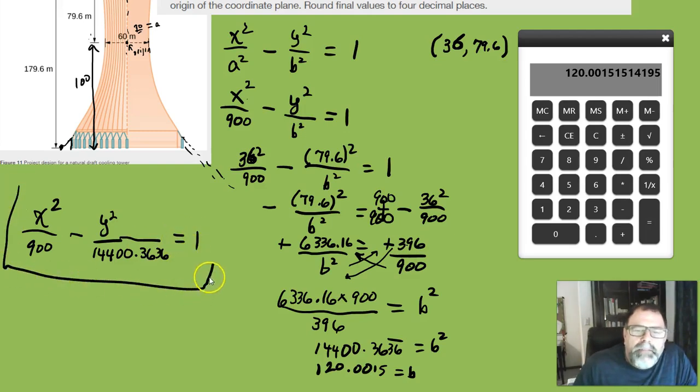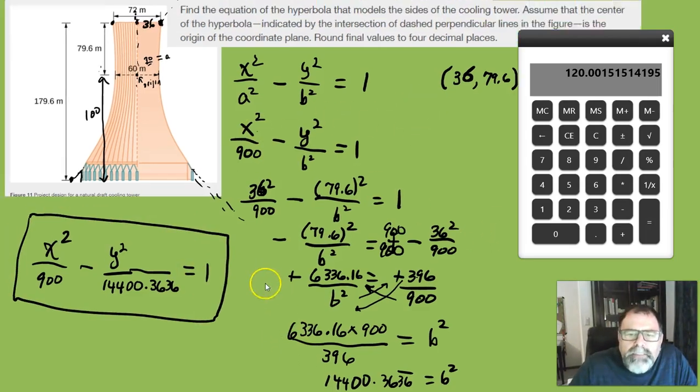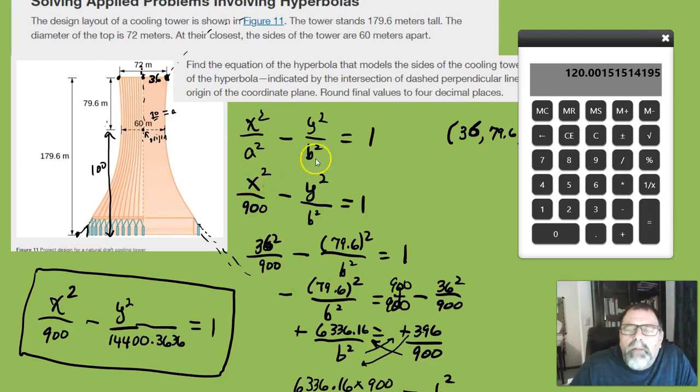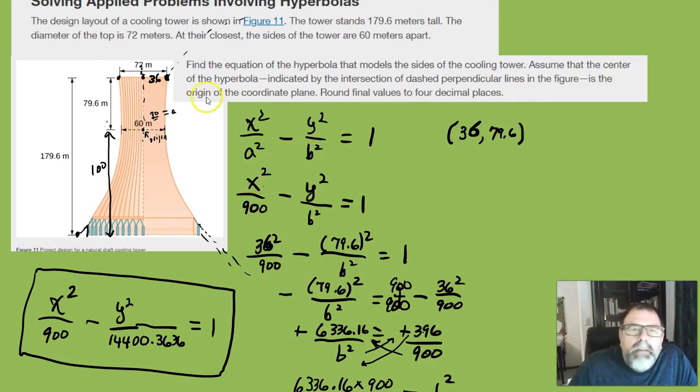Hopefully that made sense, and sorry for the confusion about that original point. So let me go back and restate it. When I first did it, I put in 30, comma, because I was thinking 30 was right above. But if I zoom in on that, you can see it's not. It's a hyperbola, so it's going away. So 30 is right about there, not there.